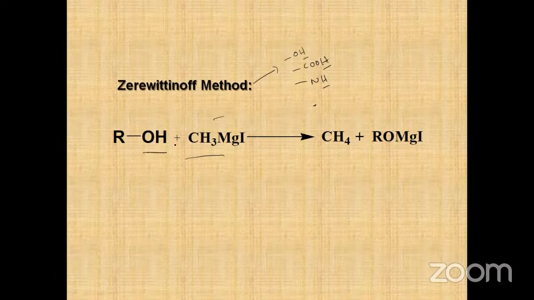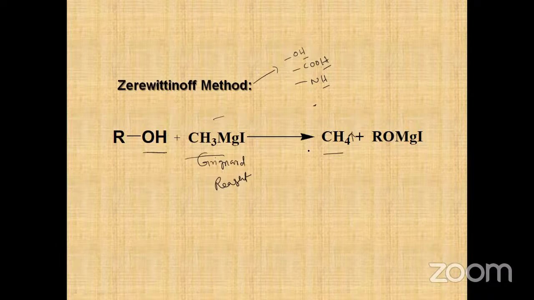Here, this is the OH group. This OH group is reacting with the Grignard reagent. This is the Grignard reagent. The Grignard reagent reacts with the alcohol, leading to formation of methane along with ROMgI.